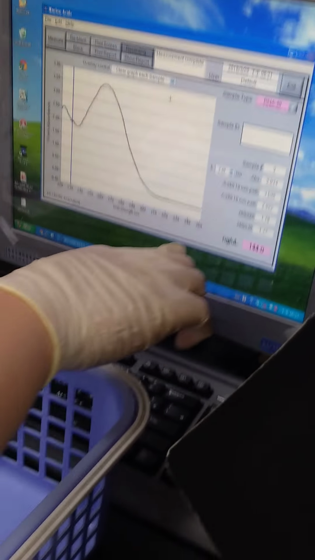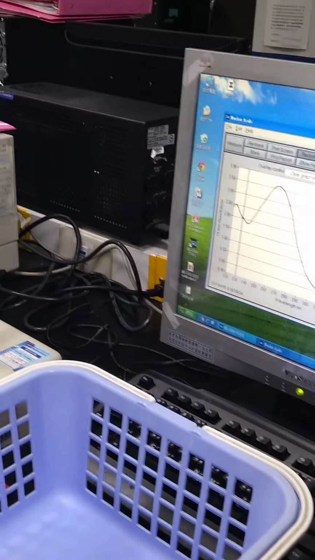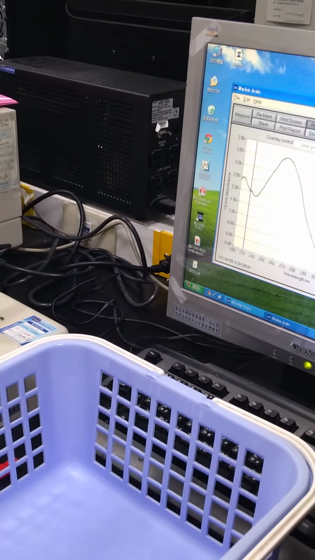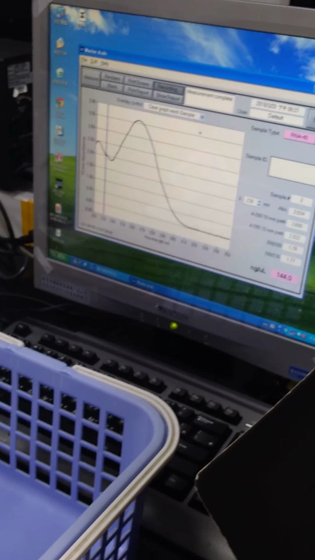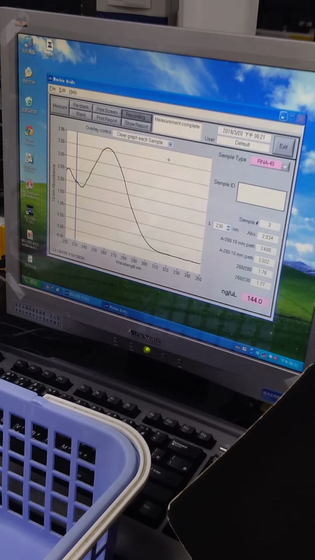Copepod. How many copepods are in these two? 46. So with 46 you can get 115 nanograms. So 10 times 46, 460. Yeah, it's around 300. Okay. So maybe we can write down the RNA concentration.